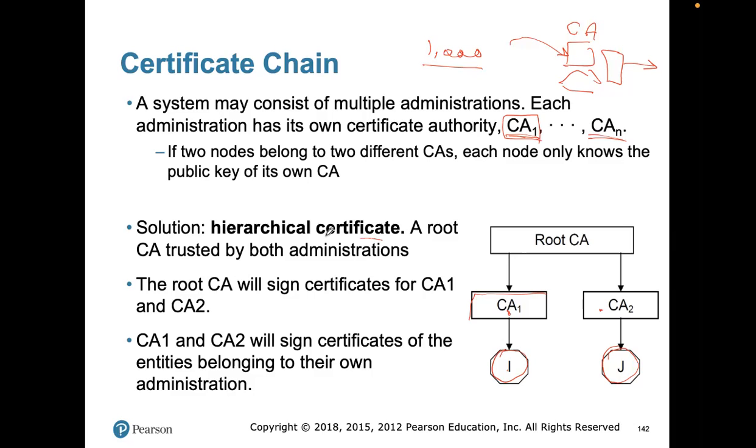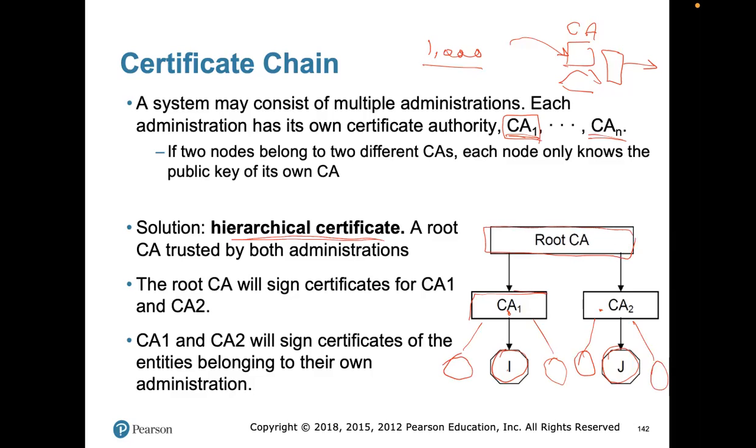The approach that can be used is called hierarchical certificate. In a hierarchical certificate, we have a number of nodes under the umbrella of each of the CAs. At the higher level, we have a root CA that coordinates between the CAs.